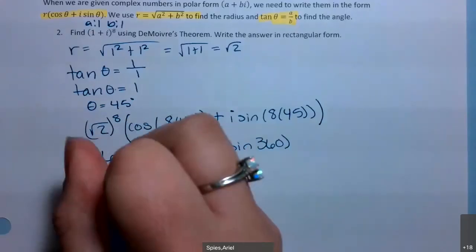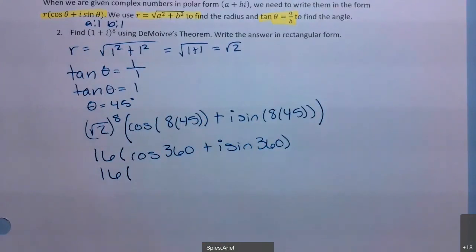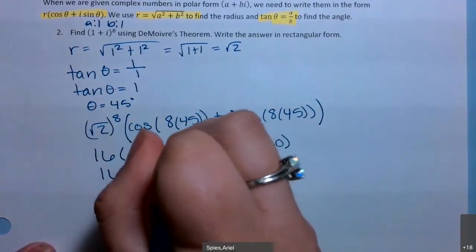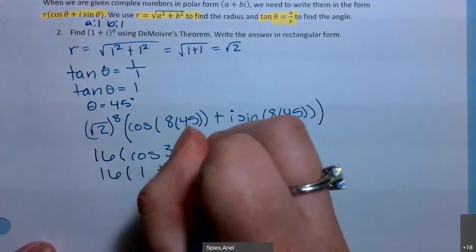Okay. So then I just need to evaluate at 360 degrees. Cosine at 360 is 1. And then sine at 360 is 0.